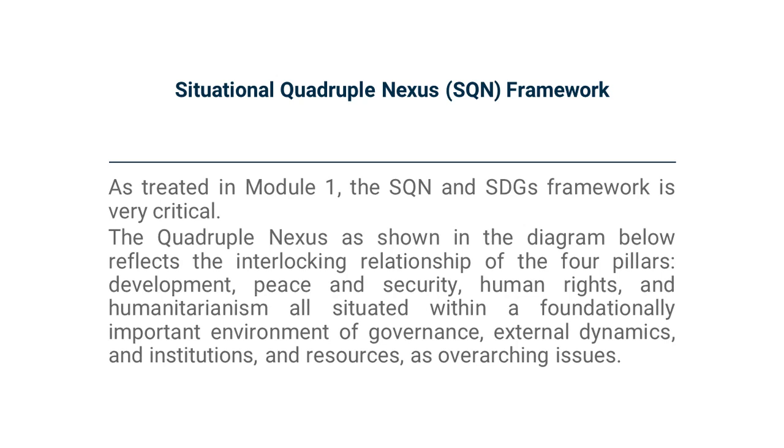Situation Quadruple Nexus, SQN framework. As treated in Module 1, the SQN and SDGs framework is very critical. The quadruple nexus, as shown in the diagram below, reflects the interlocking relationship of the four pillars: development, peace and security, human rights, and humanitarianism, all situated within a foundationally important environment of governance, external dynamics, institutions, and resources as overarching issues.